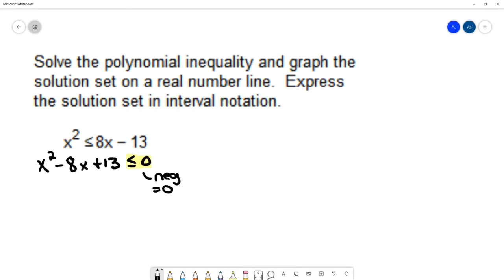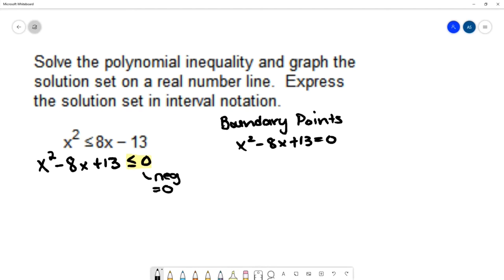So we'll start off by finding the boundary points. And to find the boundary points, we're going to solve the equation x squared minus 8x plus 13 equals 0. So you can think of these as boundary points or x-intercepts.